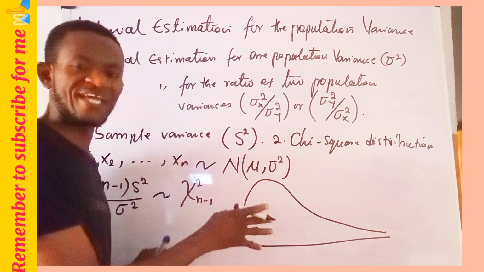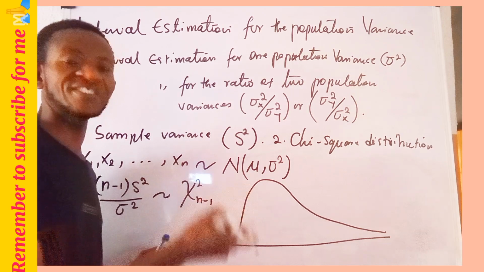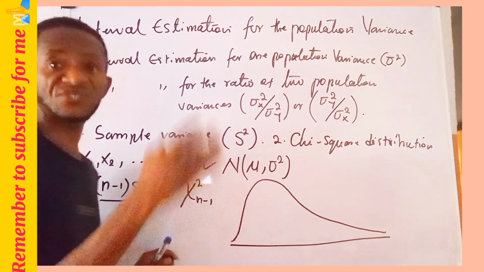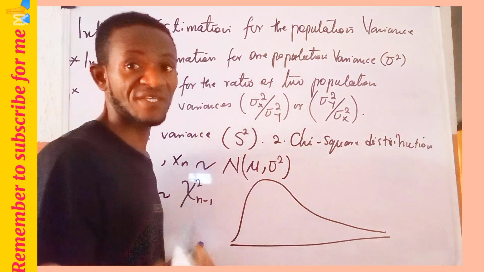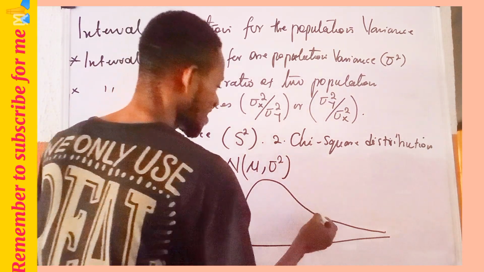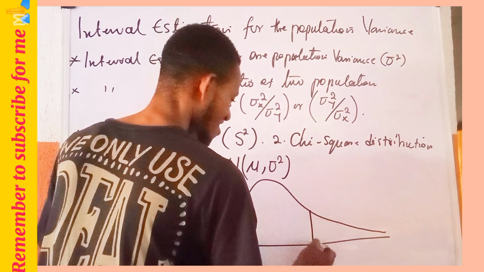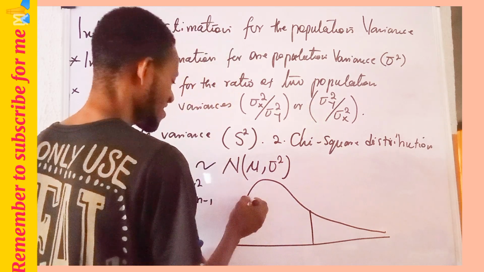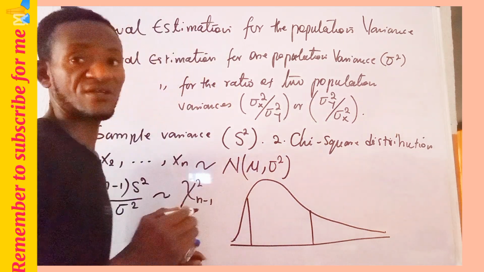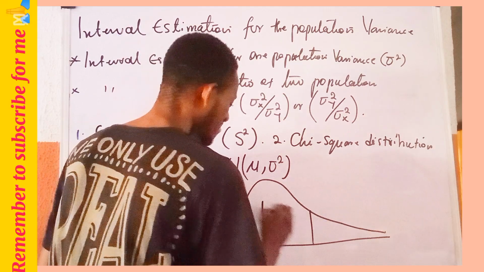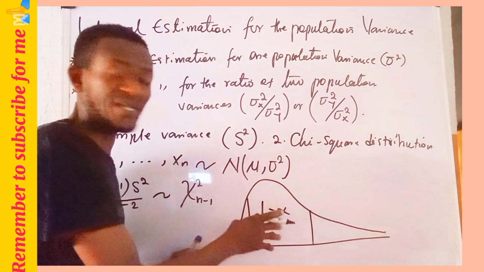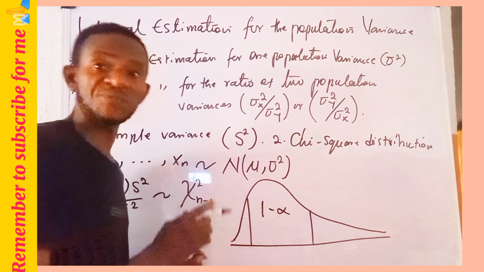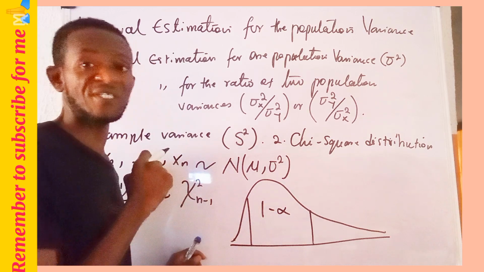This, of course, is a chi-square distribution because it is a skewed distribution, skewed to the right. Then let me say that I have the tails of this chi-square distribution from here to here, and then from here to here. So here is 1 minus alpha, because the total area under any frequency curve must be 1, because it is a probability value.